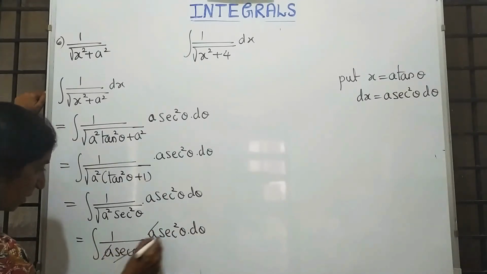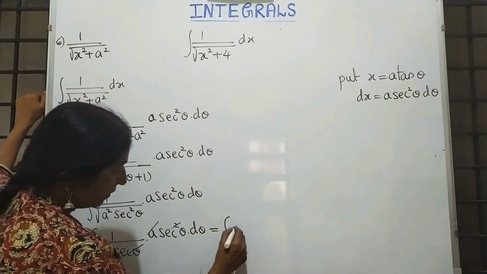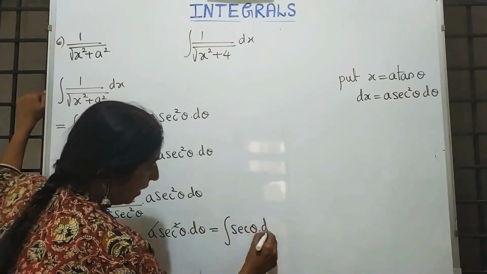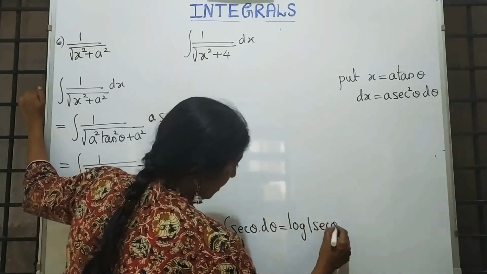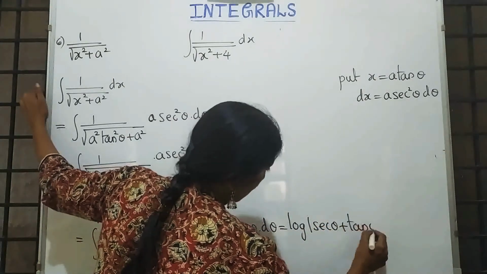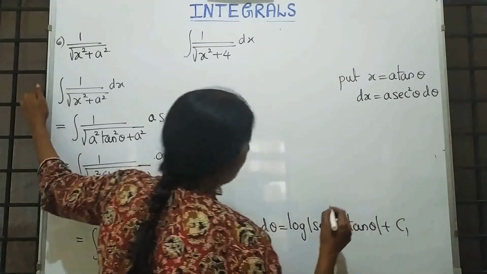The a cancels, one sec cancels. Integration of sec theta d theta is log of sec theta plus tan theta, but for convenience I am writing c1.